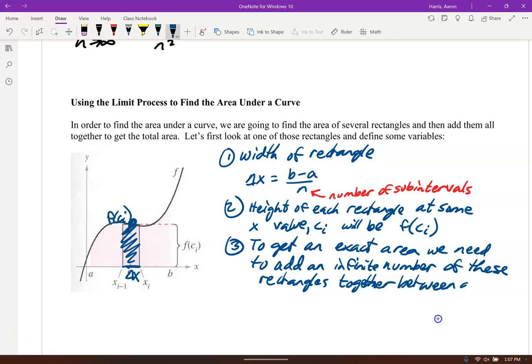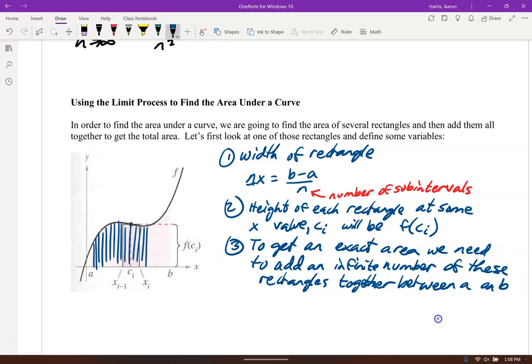between a and b. So, in other words, we could do some of these rectangles, right? Maybe we do, here's some, and this is an okay approximation. But to get a better approximation, I've got to go with more rectangles.